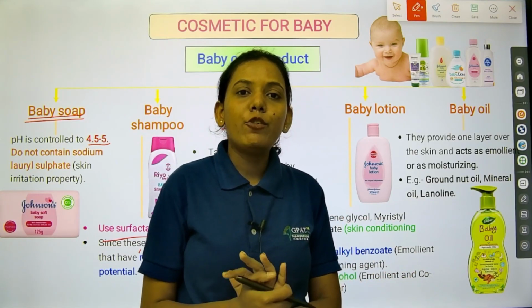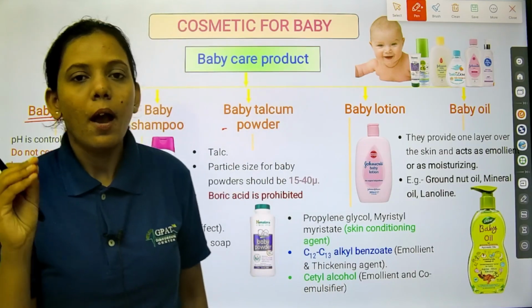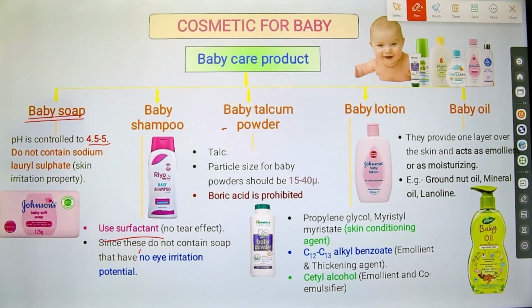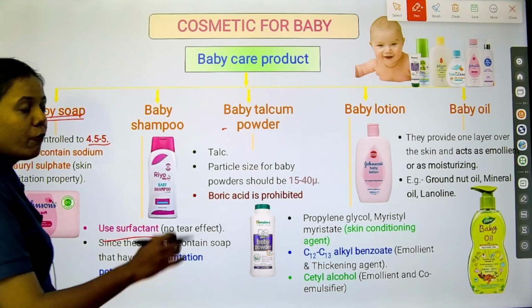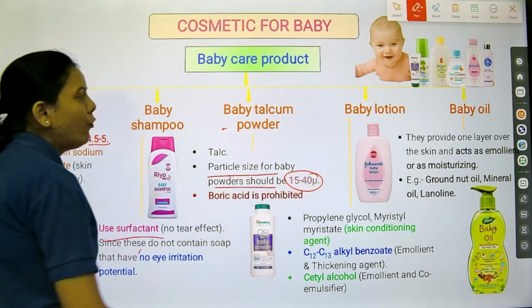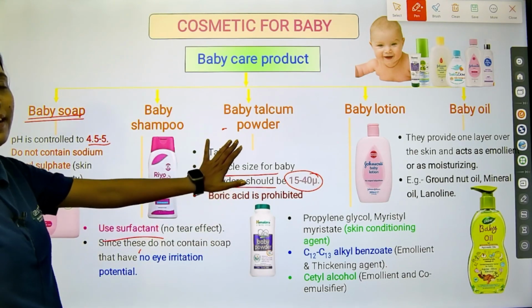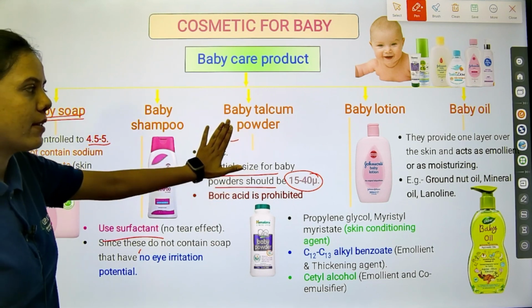So we have to use baby powders which have a lesser particle size. Please remember the particle size for baby powders: it should be 15 to 40 micron. Boric acid is generally prohibited. Talc can safely be used for babies.